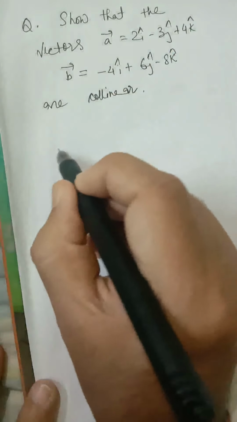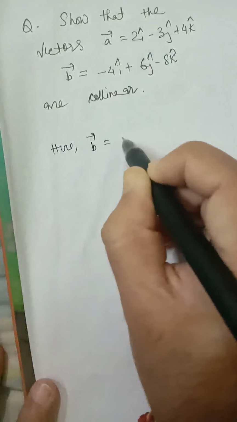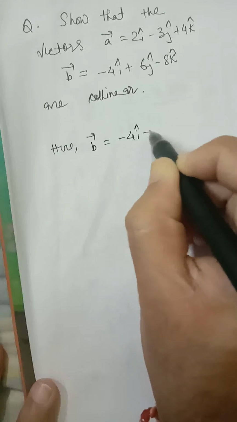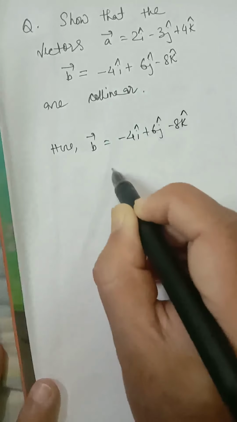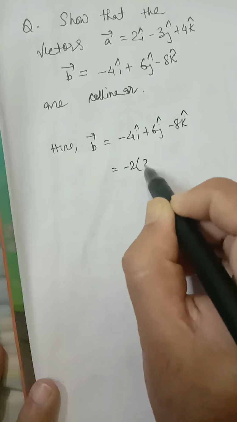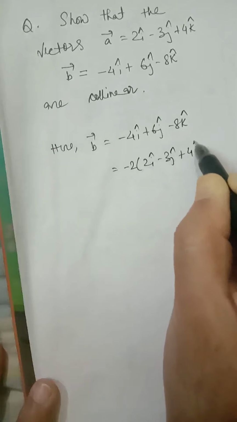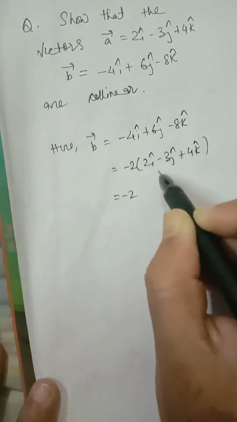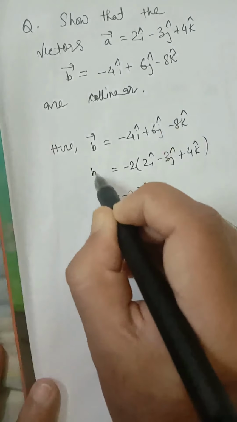Now clearly we can observe, B vector is equal to minus of 4i plus 6j minus of 8k. We can take minus 2 common, we'll get 2i minus 3j plus 4k, and minus of 2 into this vector is our A vector.